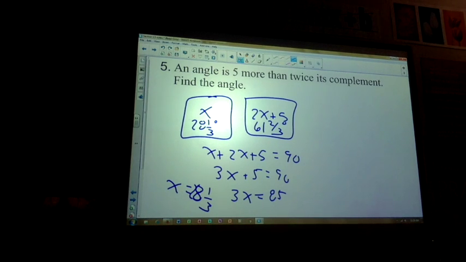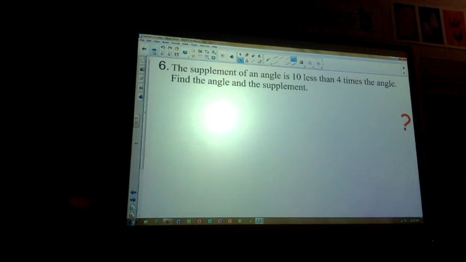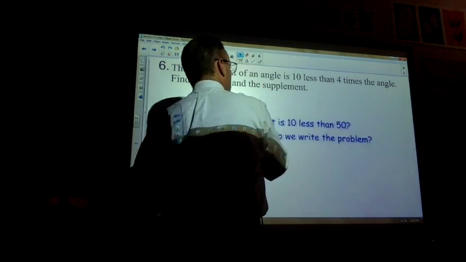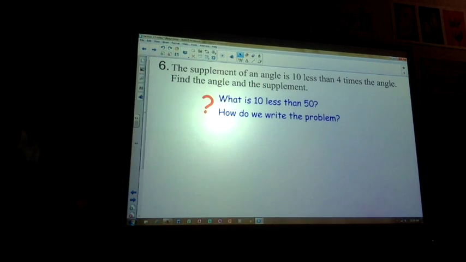We all right so far? This next one is supplement. The supplement of an angle is 10 less than 4 times the angle. How do we write the problem?